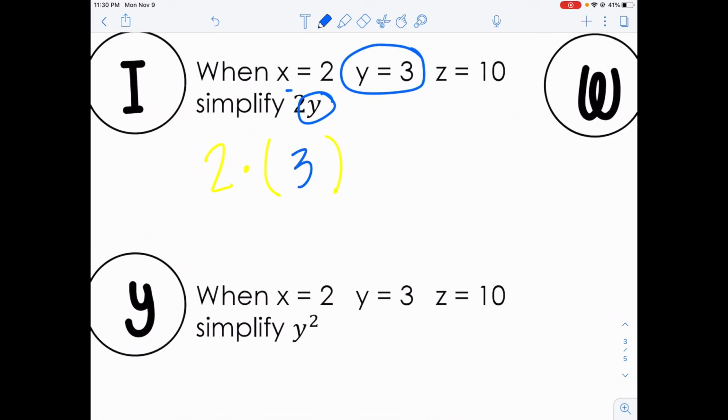It really helps because it lets you see that this is the number. Now for these ones, these values are positive, but that may not always be true. So if there was a negative, this would also be nice because it would help keep the negative in front of the number. Now we're back to a numerical expression, which we could solve. 2 times 3 is 6.